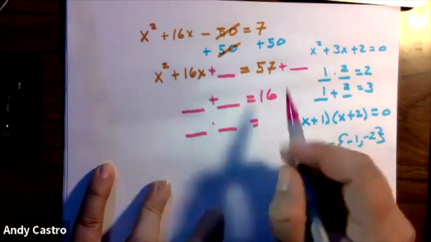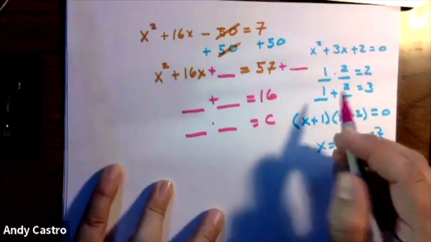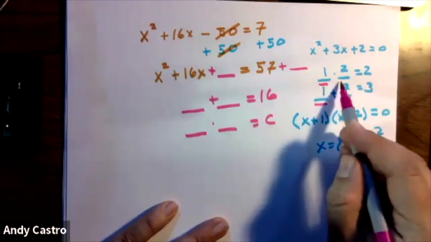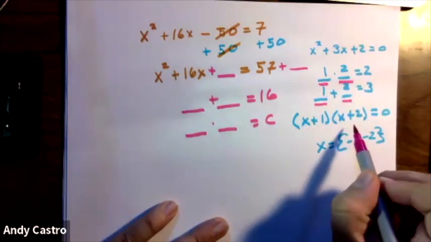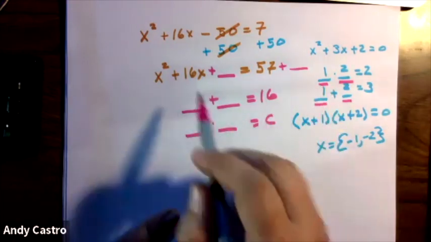We don't know what this is, we'll just call that C. But they have to be the same number. Look here how these are not the same number. Therefore, it's not a perfect square. X plus 1 is not the same thing as x plus 2. For them to be a perfect square, they would have to be the same.